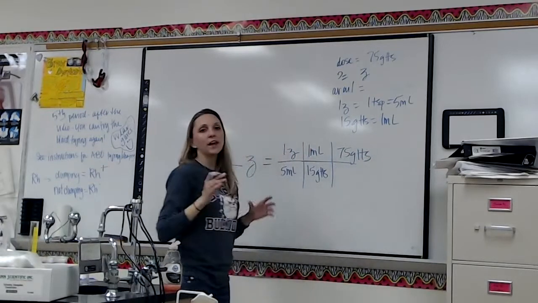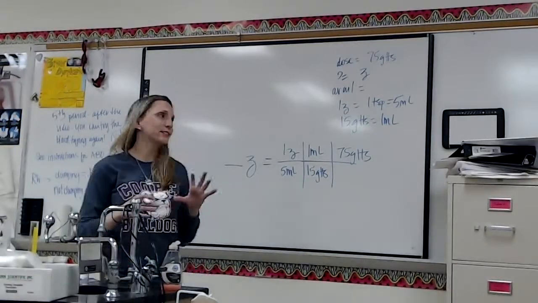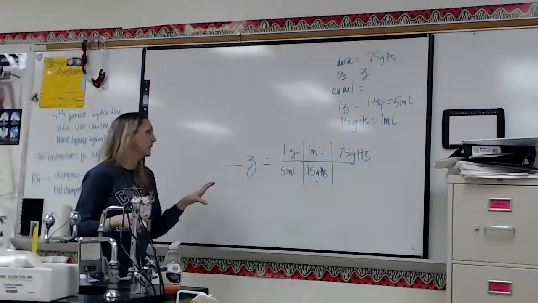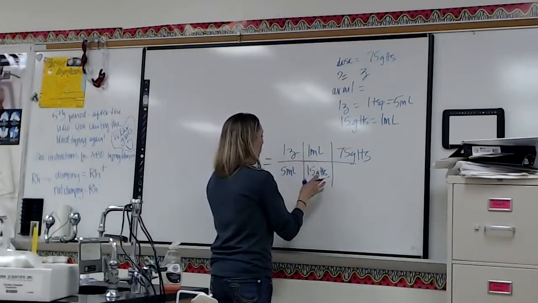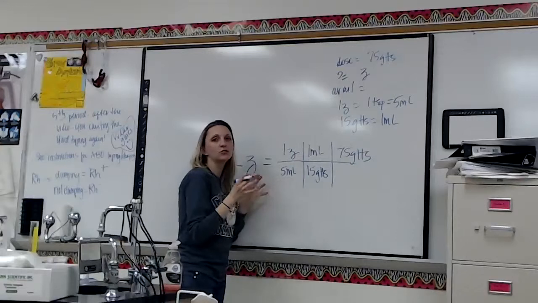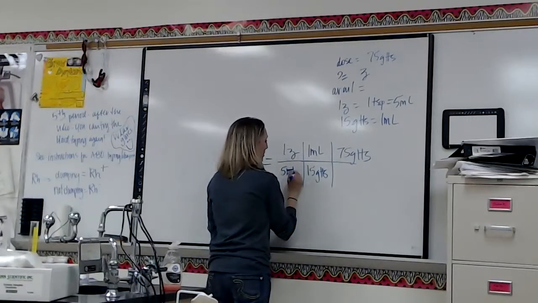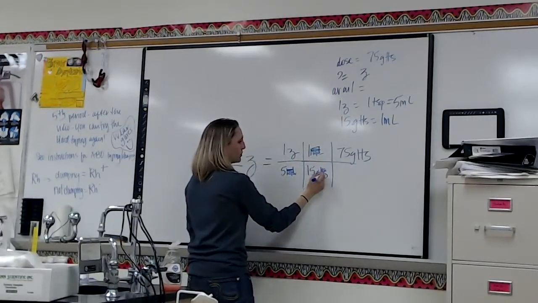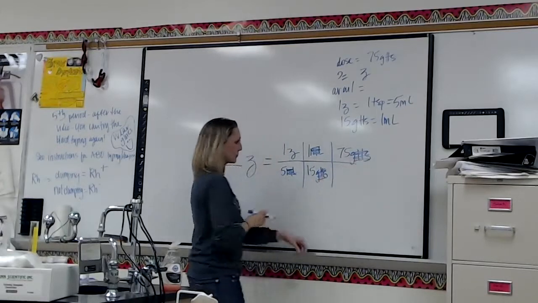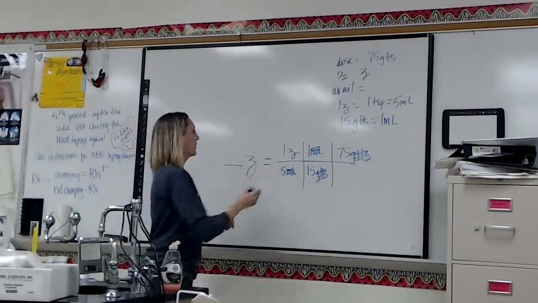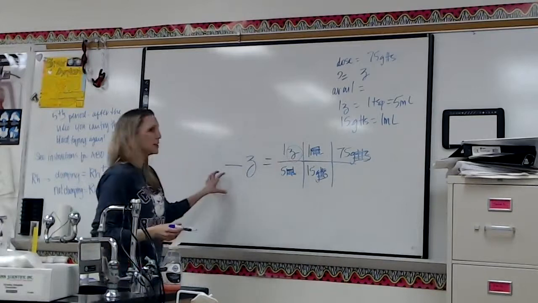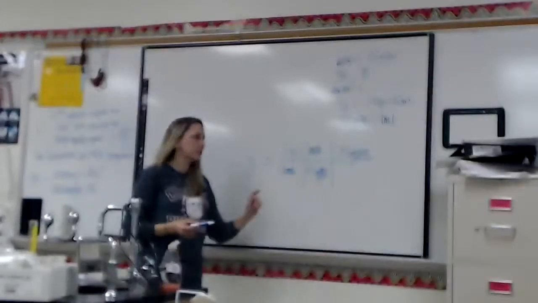Okay? Now, the way that I check myself and know that I set up my equation correctly is that I go back through and everything cancels out just like it should. So milliliters cancels out, drops cancels out, and the only thing I have left are my drams. So I know that I've set up my equation correctly.